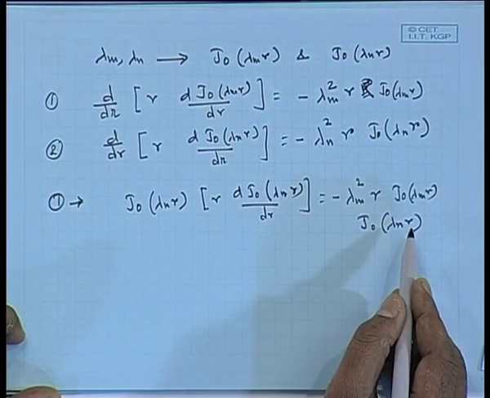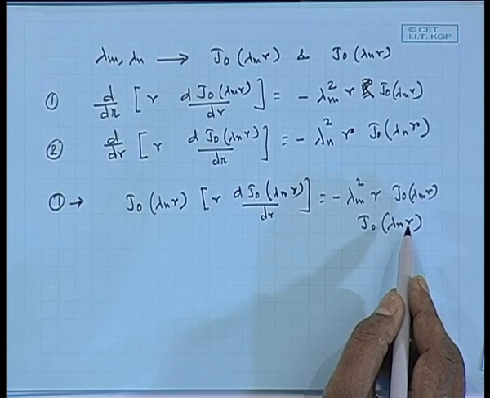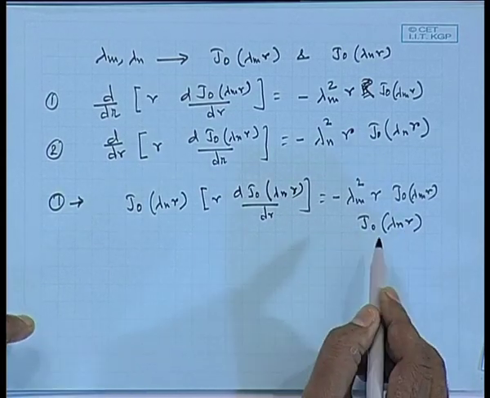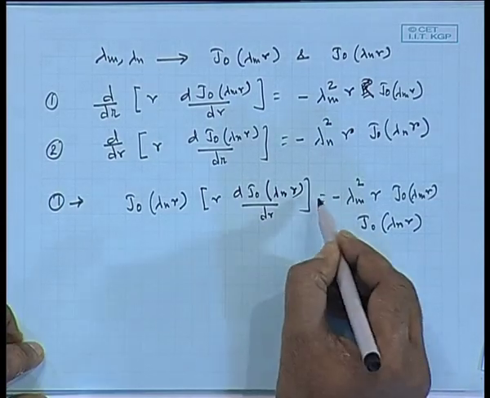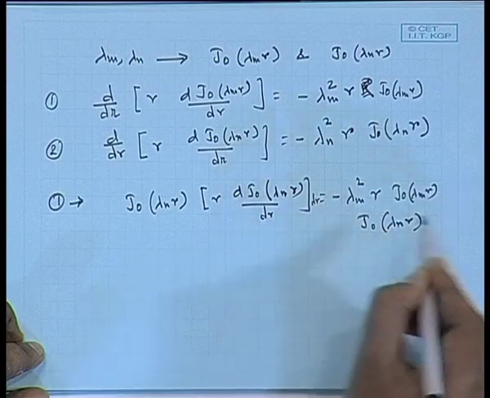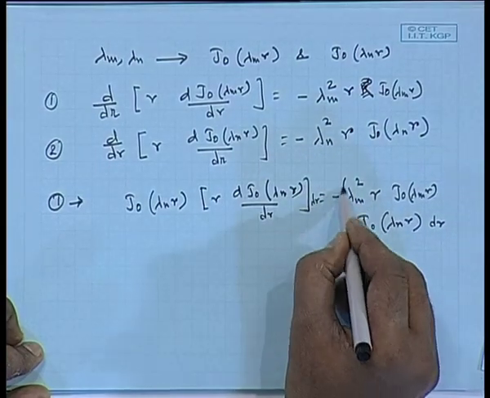Multiply both sides by dr and integrate on the domain of r from 0 to 1. That means effectively we are multiplying both sides by the integral of J0(λn r) dr.